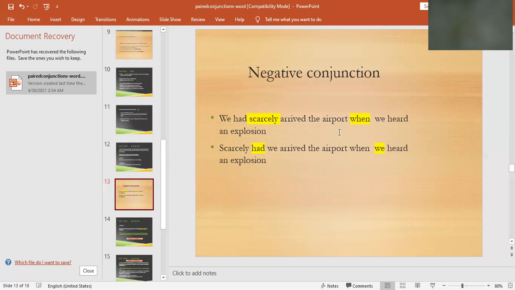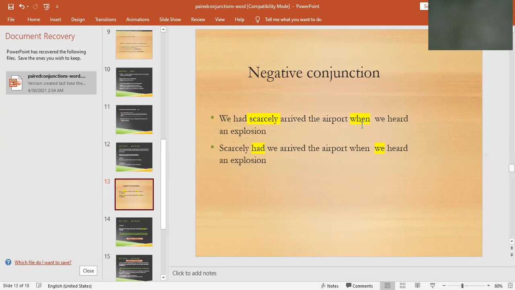Here we have two clauses: we had scarcely arrived at the airport, when we heard an explosion. So two subjects and two verbs, so we have two clauses. Two clauses are joined together with scarcely when.